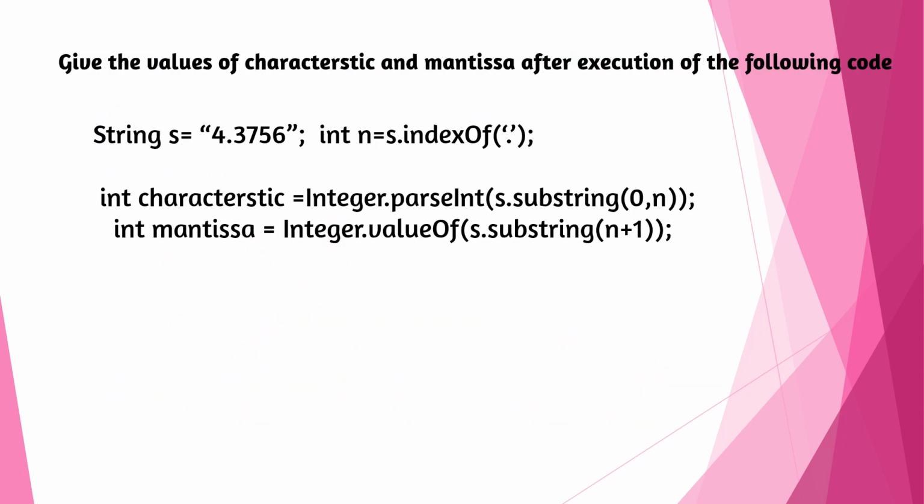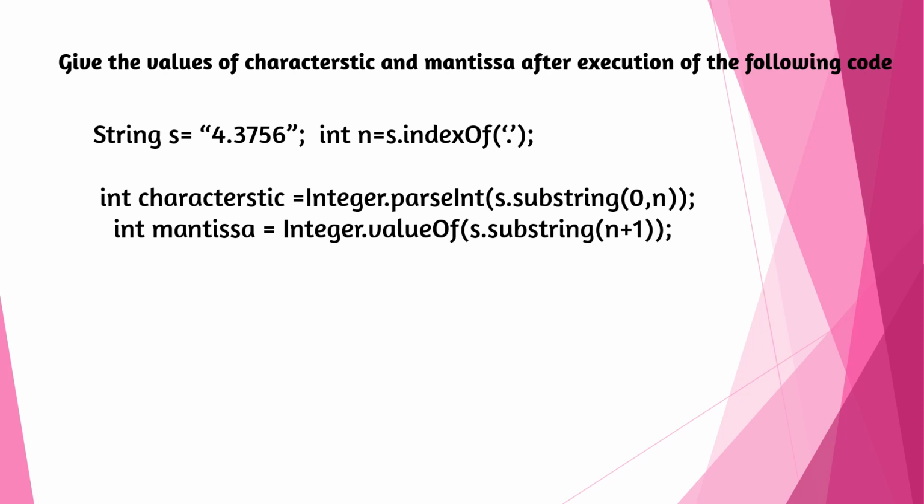The next question: give the values of characteristic and mantissa, which are variable names, after execution of the following code. String s = "4.3756"; int n = s.indexOf("."), that means where the position is coming. int characteristic = Integer.parseInt(s.substring(0, n)); this function converts the string into an integer. And int mantissa = Integer.valueOf(s.substring(n + 1)).